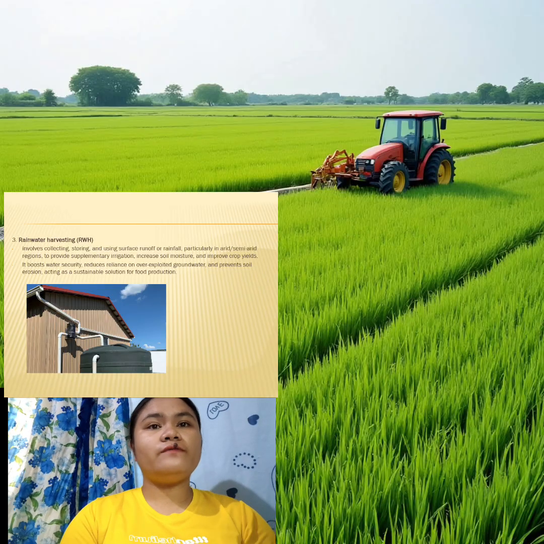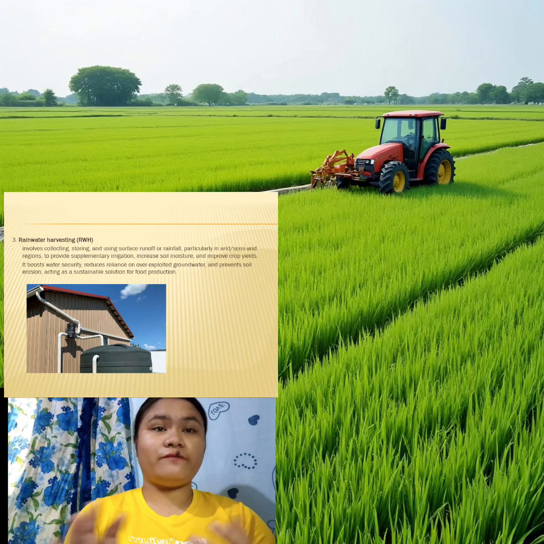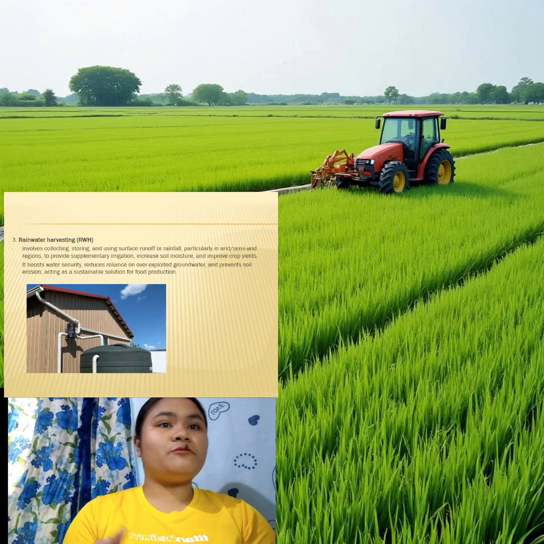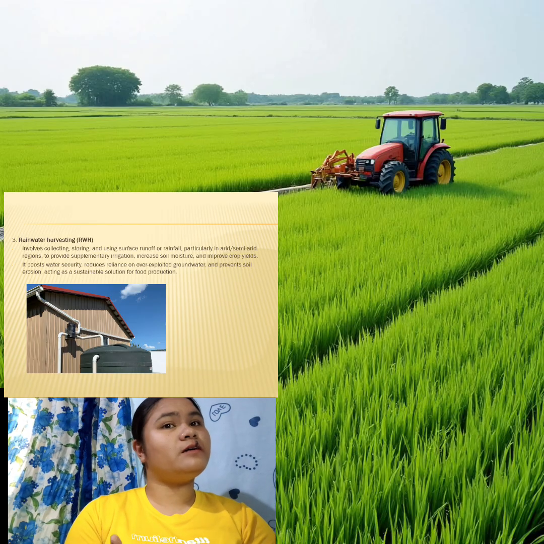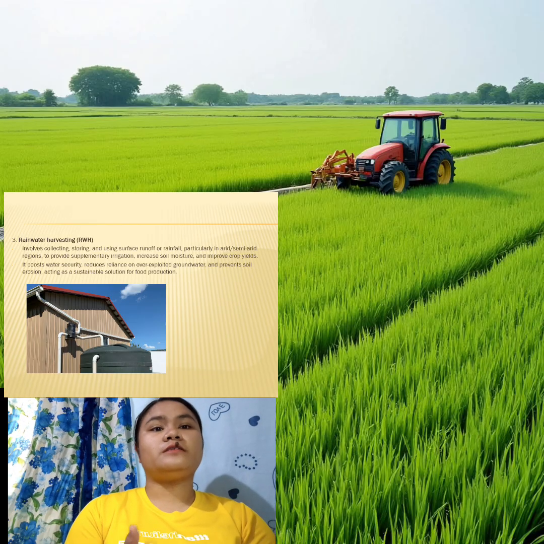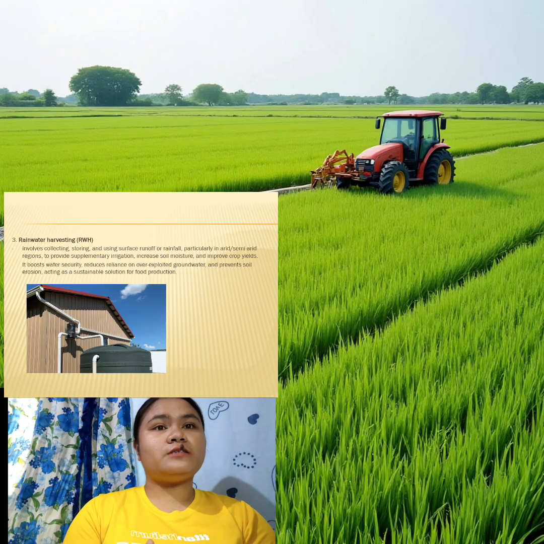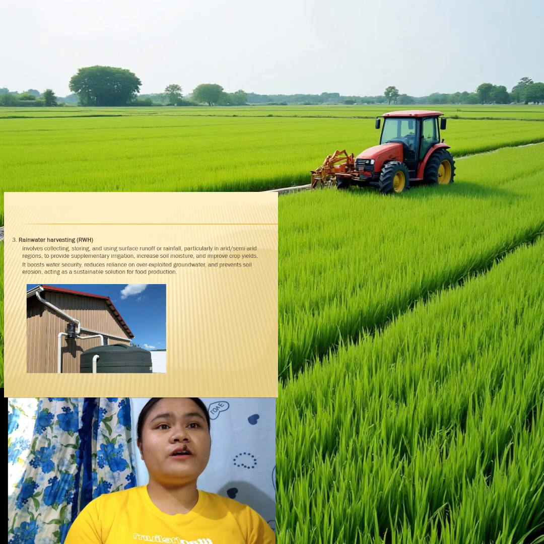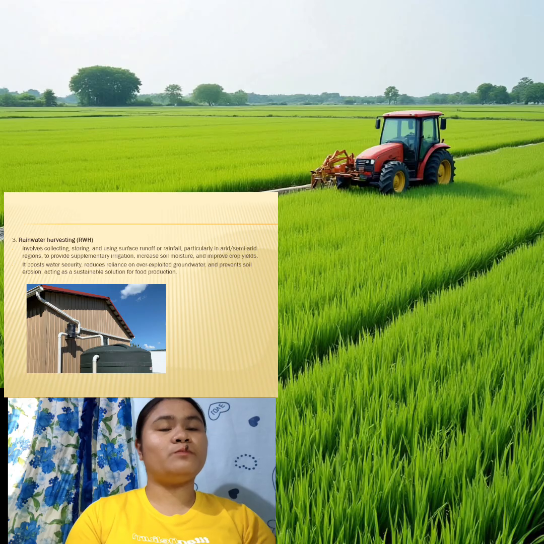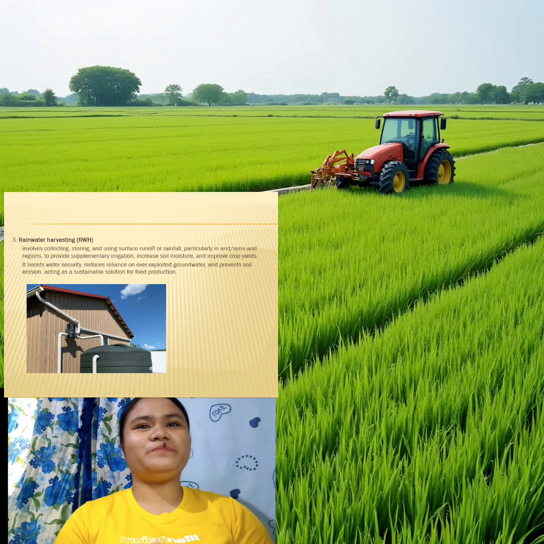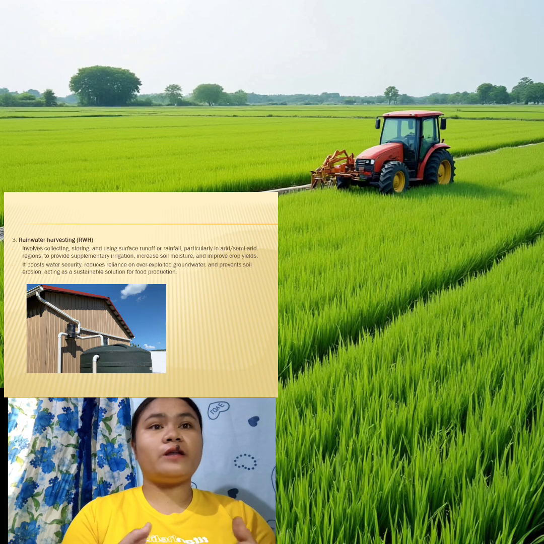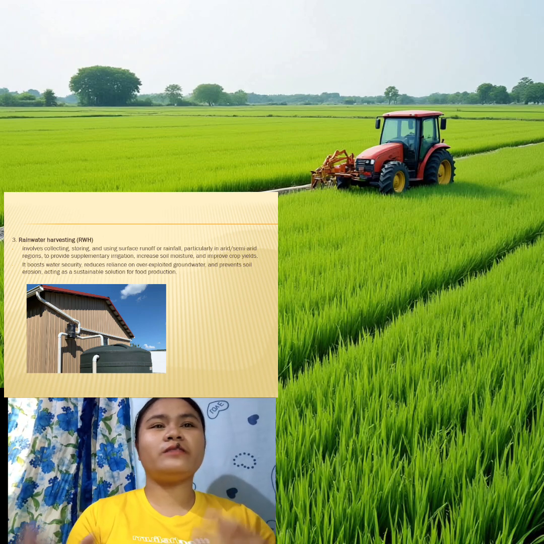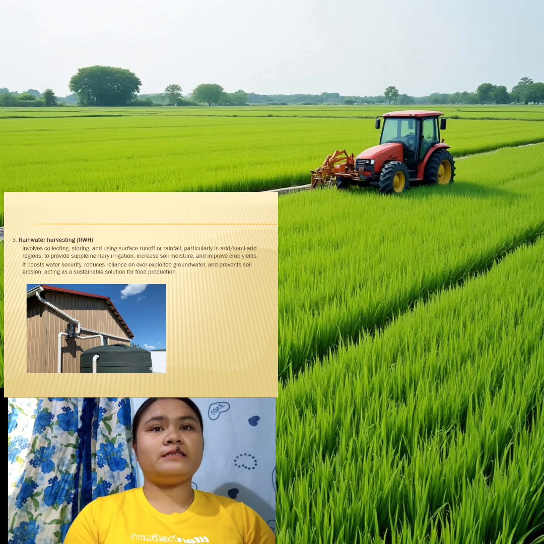Rainwater harvesting offers several key benefits. It increases soil moisture, improves crop yields, boosts water security, reduces over-reliance on groundwater, and helps prevent soil erosion. It is considered a sustainable solution for food production because it works with nature rather than against it.